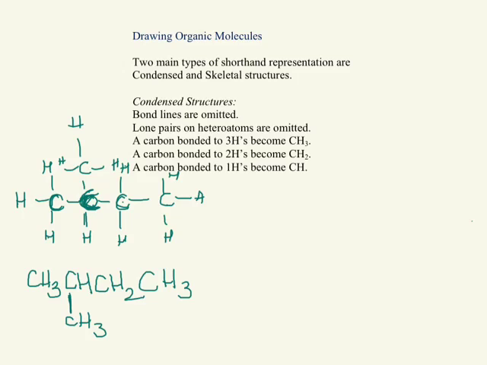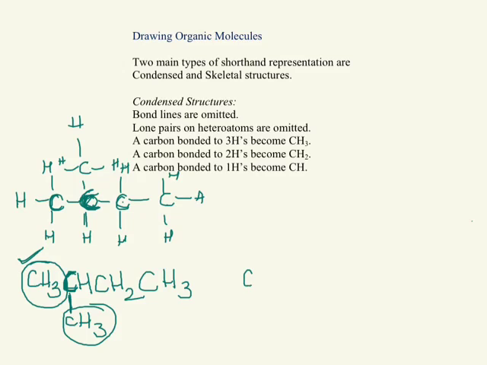And remember, I said we don't put bonds, but I'm writing it right now so that I can show you the next step. This is not the final structure. Now if you look at this carbon, we have two same groups attached, CH3 and CH3.